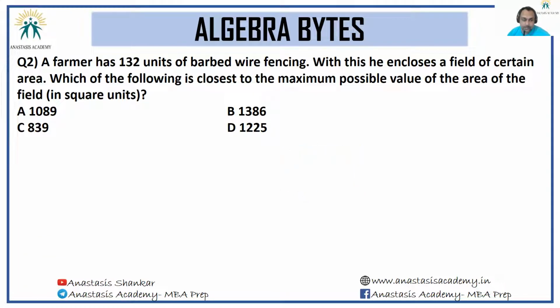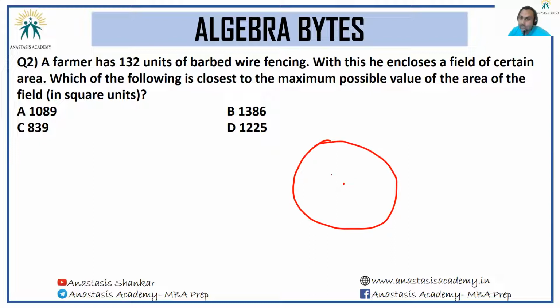Let me erase. The field, I don't know the shape of the field. The shape of the field is not given to me. So instead, what I should be looking at is a circle.